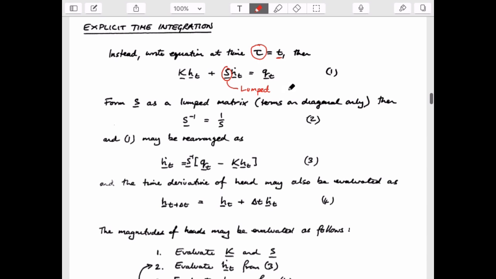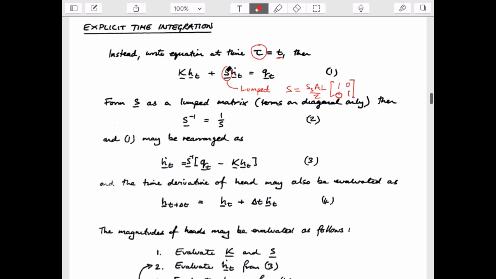And if we do that, then we know that the storage matrix, for our one-dimensional case, is going to be specific storage area length over 2 times 1, 0, 0, 1.